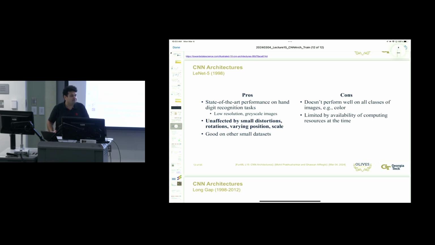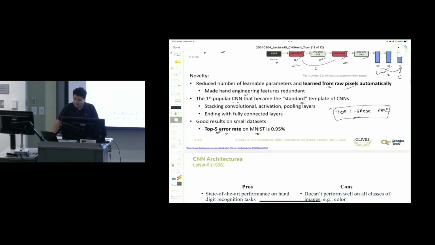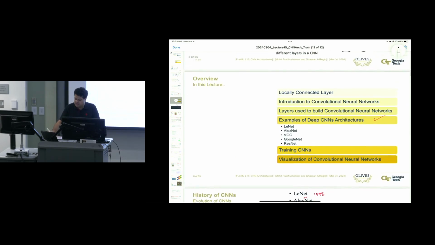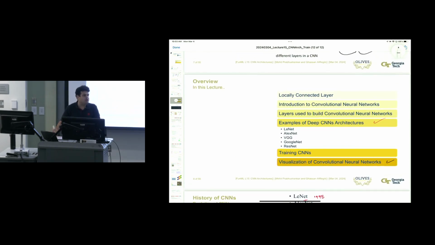Question? I was wondering, how does it automatically determine features? So maybe that will be clearer when we talk about visualization. But when you train your neural network, what happens is that the first layers are almost always edges. The second layer is almost always a combination of edges, which would lead to corners, for instance.